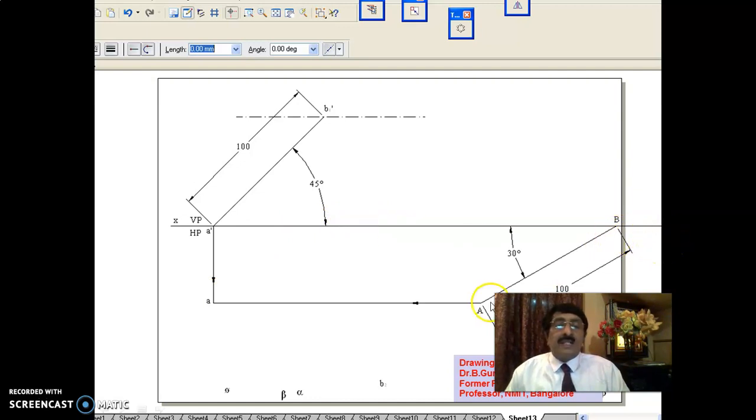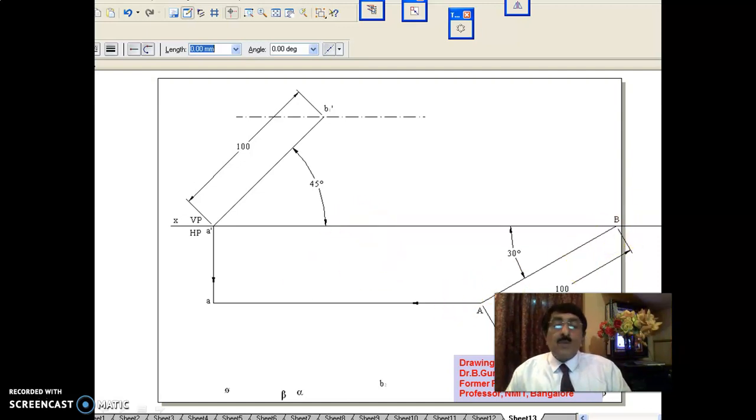That is why I have done this construction. Get the projector from here, and since this is done already, if you draw a line at 30 degrees to VP and cut 100, automatically it will cut on the XY line only.